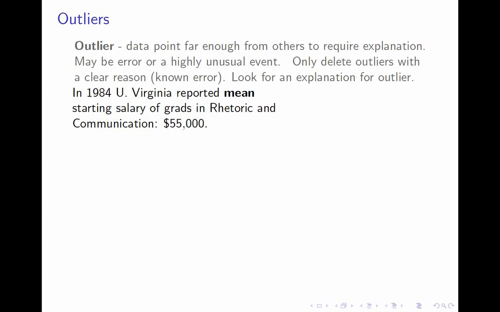So in any case, the major rhetoric and communications in 1984, all the graduates in that program had an average starting salary of $55,000. I imagine that sounds like a lot to you. In 1984, it was quite a lot. And as perhaps you can guess from the name, or perhaps not, rhetoric and communication was not a highly desirable major.